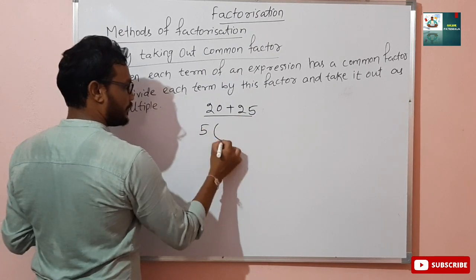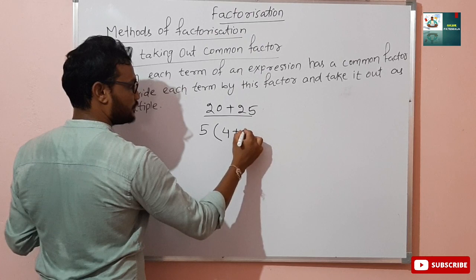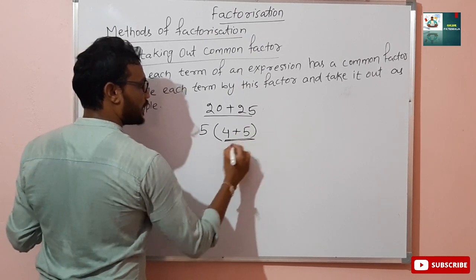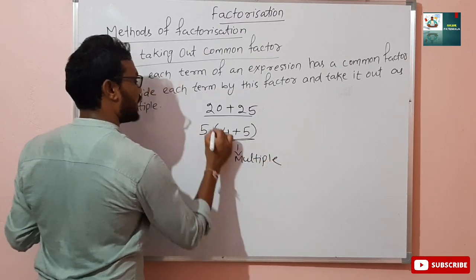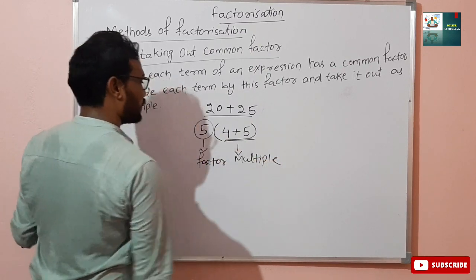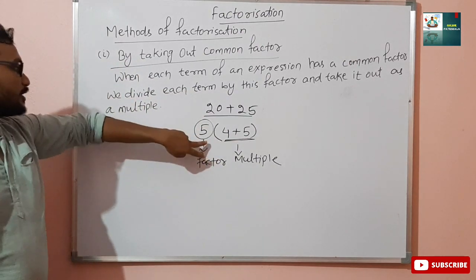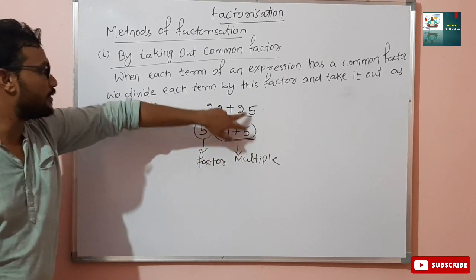That is 5. If you take 5 common, you get 4 plus 5. This term acts as the common factor and the other as the multiple. 20 plus 25 can be written as 5 into 4 plus 5, because 5 fours are 20 and 5 fives are 25.